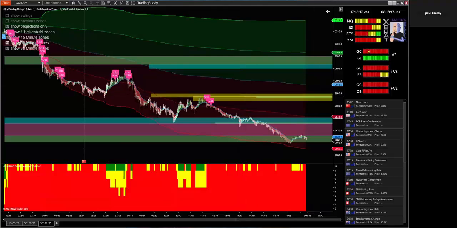So first of all, we need to understand: is the market behaving normally? Is there synergy in the market? If there's a bit of sector rotation in there, for example, NQ and ES could be green, RTY could be half red, and YM could be half red.